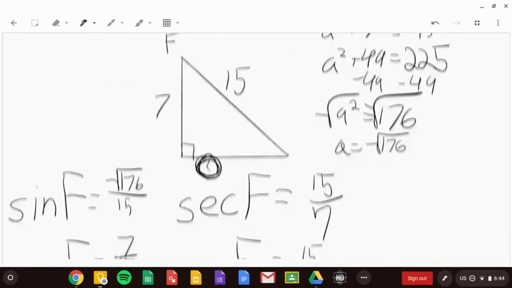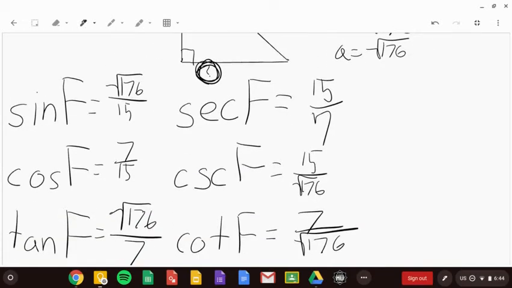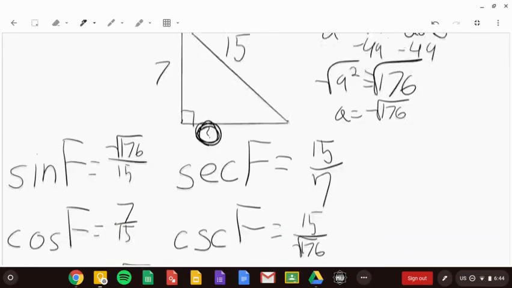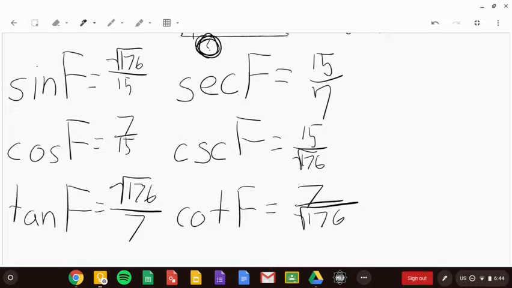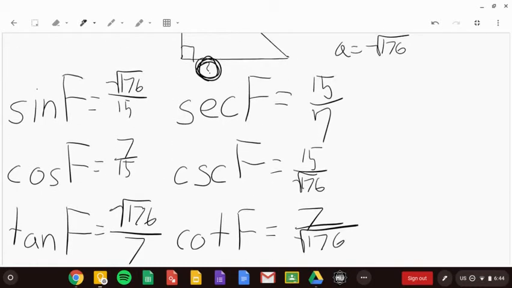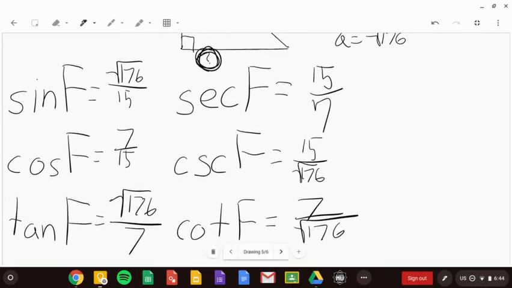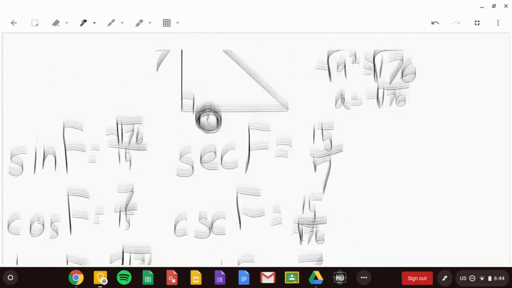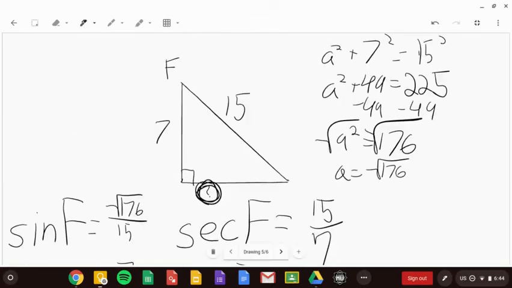Now that we know the 6 trigonometric ratios, we're going to try to find f. The best one we could use is probably cosine. So cosine f equals 7 over 15. We'll take cosine inverse of 7 over 15.